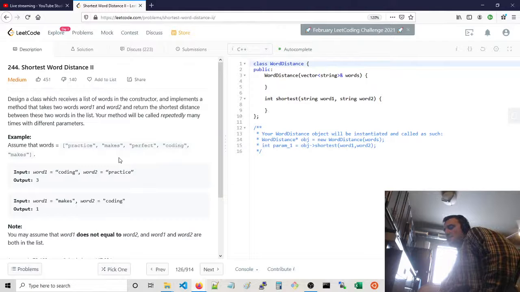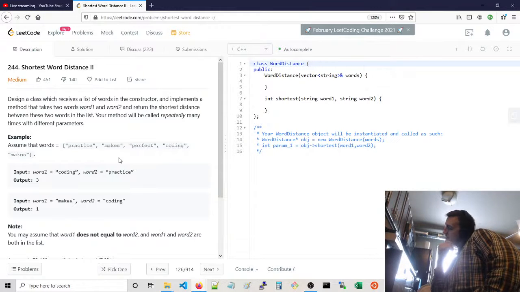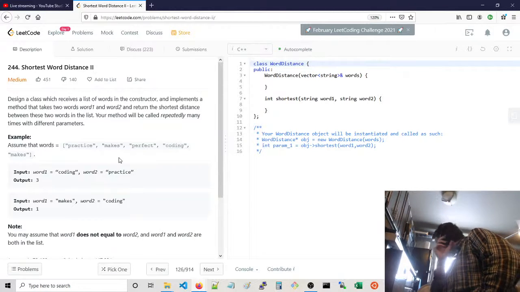So if you had like 1, 2, and 5, and 3, 6, and 7, you would want to find between those two lists the smallest difference, right? And that's kind of interesting.